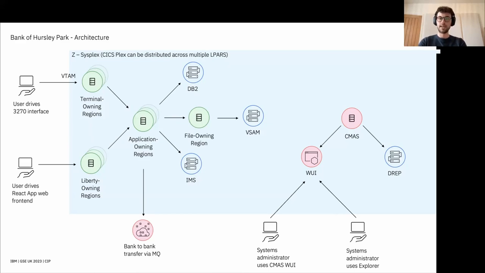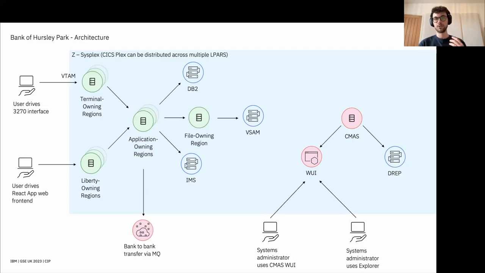And we designed that to run on Liberty owning regions, running WebSphere Liberty. Now, the way that we've structured the CICSplex for this application is for the regions to be customizable and to have any number of regions that we like to communicate with each other. So I've tried to represent a number of terminal owning regions talking to a number of application owning regions.